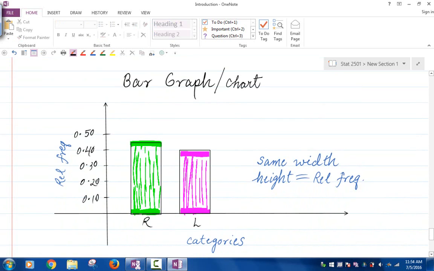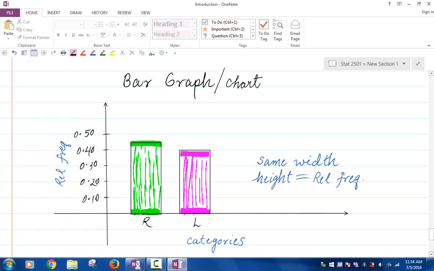So what is a bar chart? Basically, the vertical axis is used for relative frequency, or just the frequency if you want. And you're going to use a rectangle for each category.